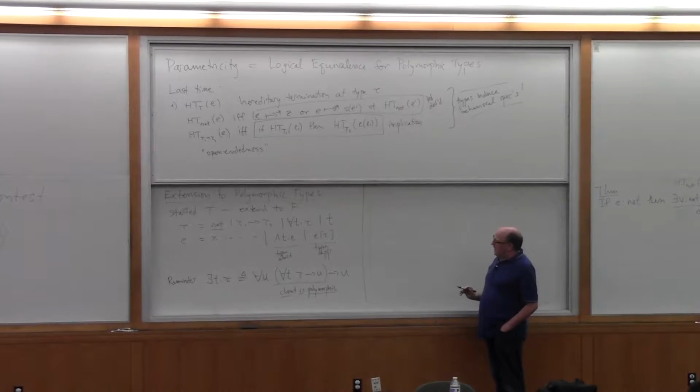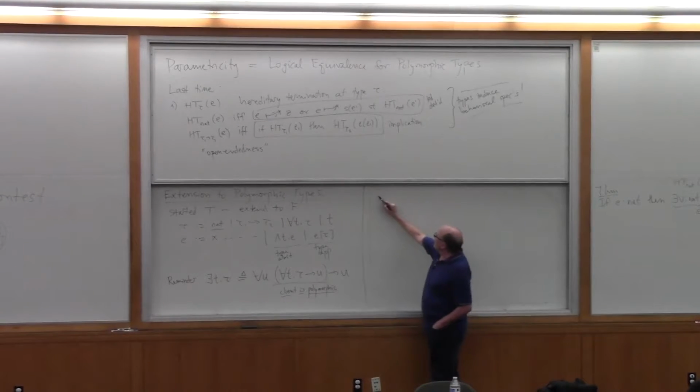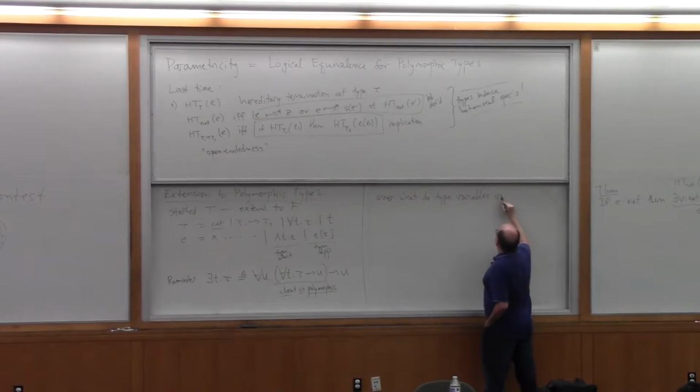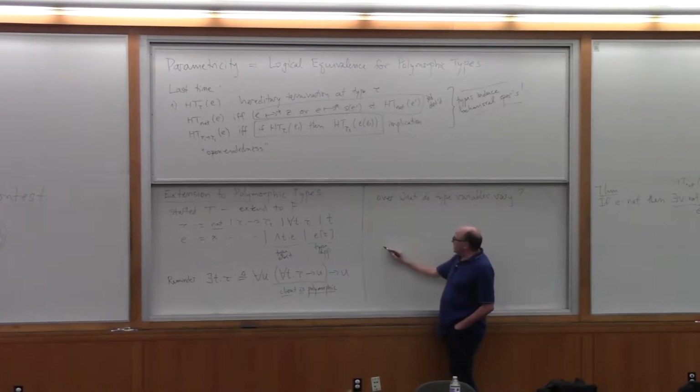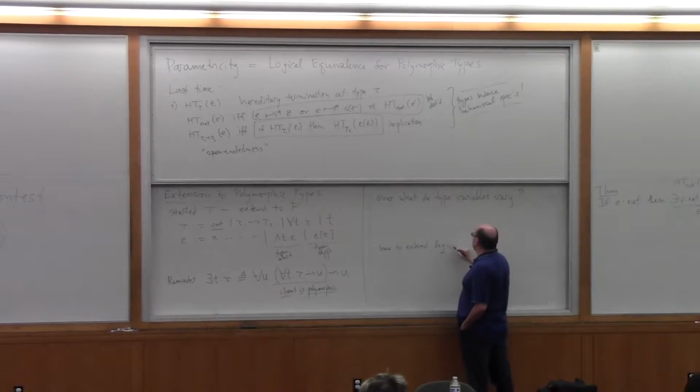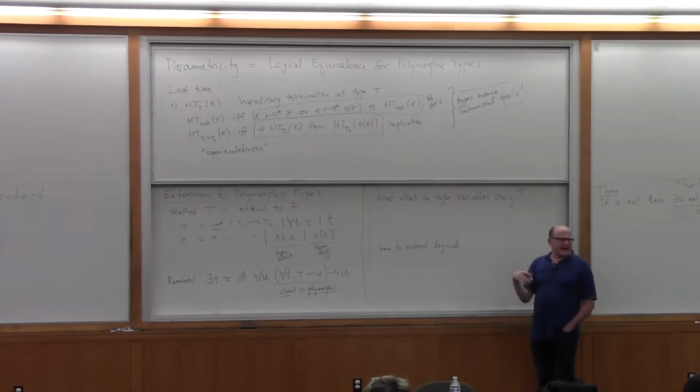So the question we have is, okay, over what do type variables vary? This is important. If they're variable types, over what do they vary? That's an important preliminary question, and then the real question is how to extend the notion of logical equivalence. It's easy. Observational equivalence is defined in exactly the same way.